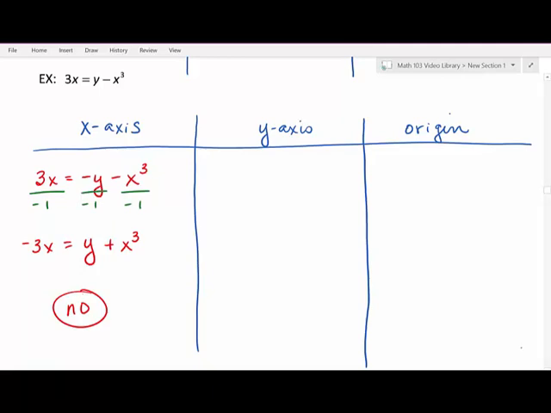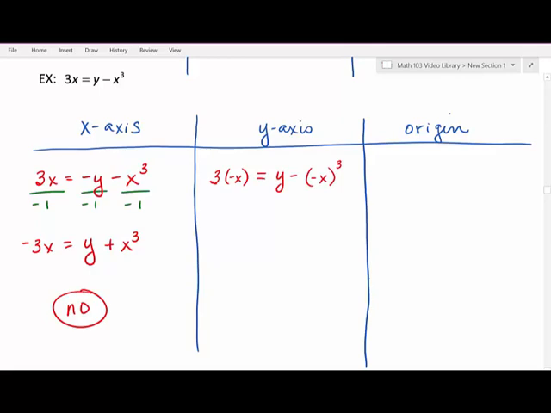Testing symmetry with respect to the y-axis, we're going to replace x with negative x. Notice that x shows up more than once, so be sure to replace both of the x's with negative x. We definitely have some cleanup to do here.